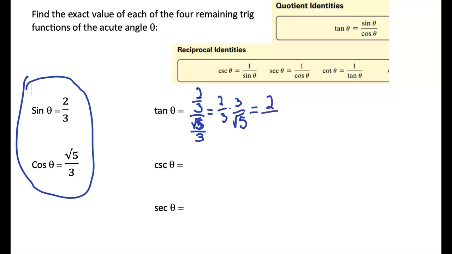However, we know that is not simplest form because we have a radical in the denominator. So now what we need to do is rationalize this denominator. To do that, to rationalize the square root of 5, we need to multiply both the numerator and denominator by the square root of 5. That's just another name for 1.